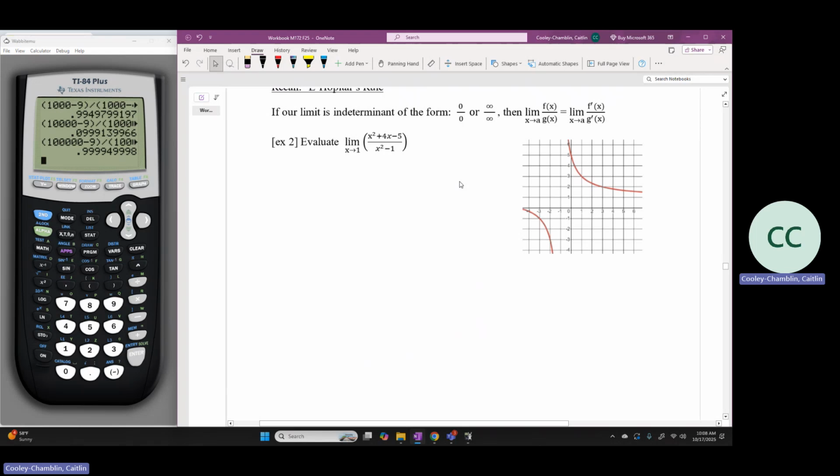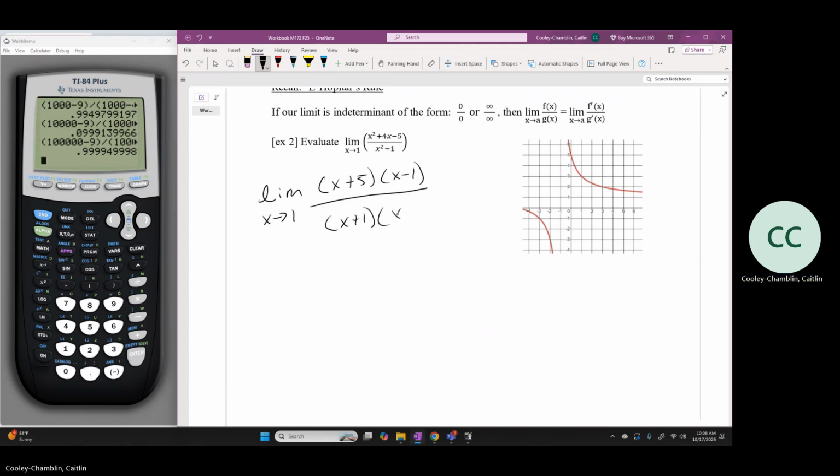So we could do this using algebra. We have the limit as x goes to 1. We could say this is x plus 5, x minus 1, over x plus 1, x minus 1. The 1's cancel. And so then we can plug our 1 into x plus 1.